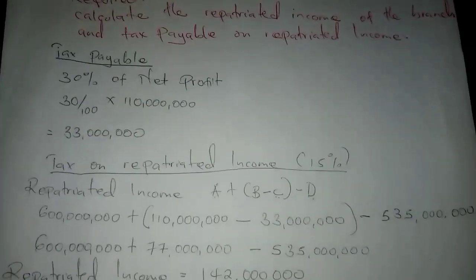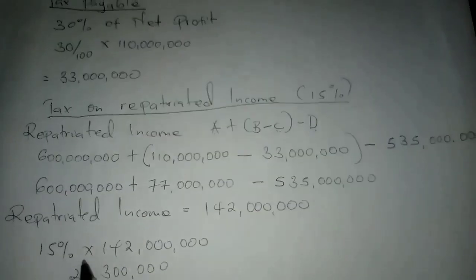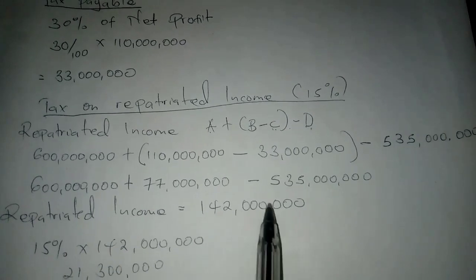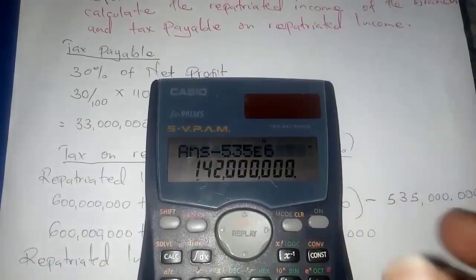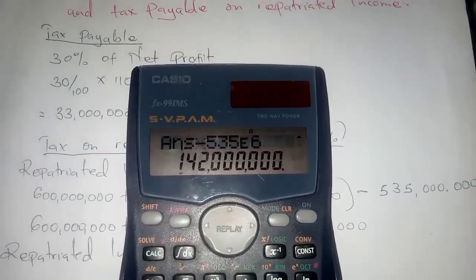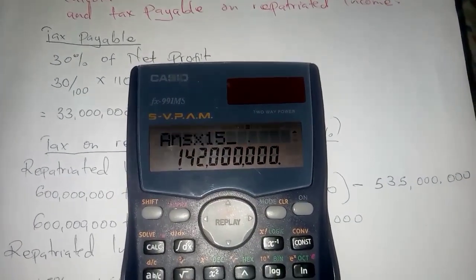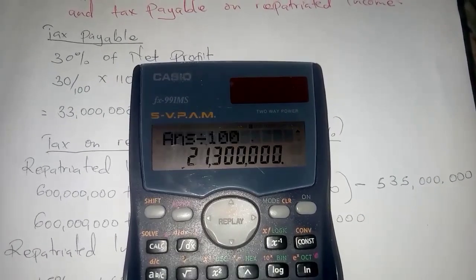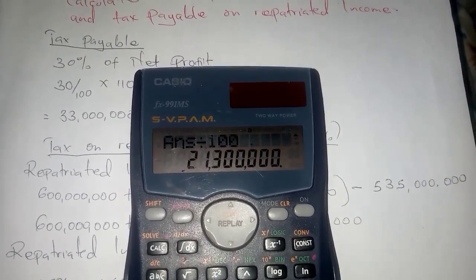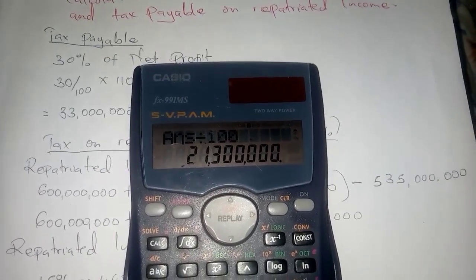So we say 15% times the repatriated income, which is 15 out of 100 times 142 million, which is 21,300,000.